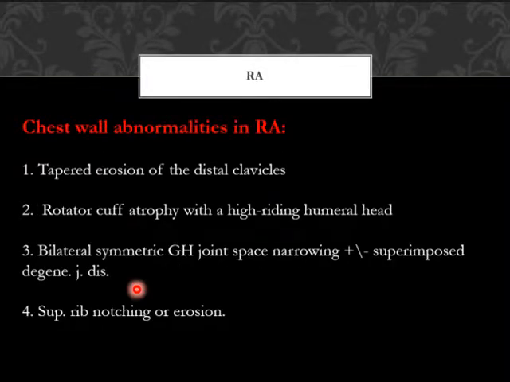We have chest wall manifestations of rheumatoid arthritis other than parenchyma. You may see erosion of the distal clavicle, and rotator cuff atrophy causing a high riding humeral head. We may see glenohumeral joint space narrowing with degenerative change, and superior rib notching and erosion are other features.